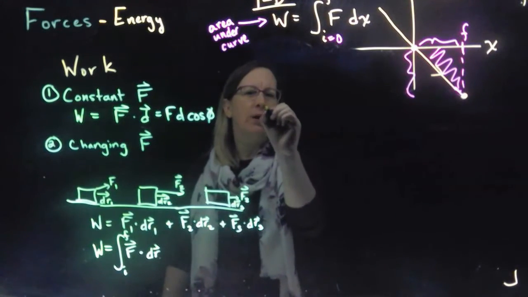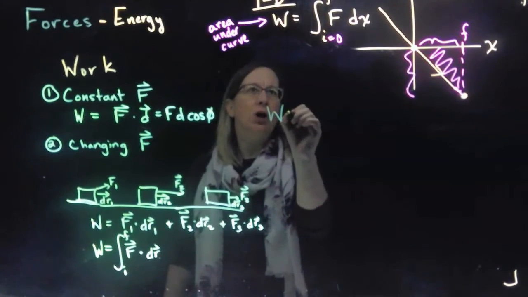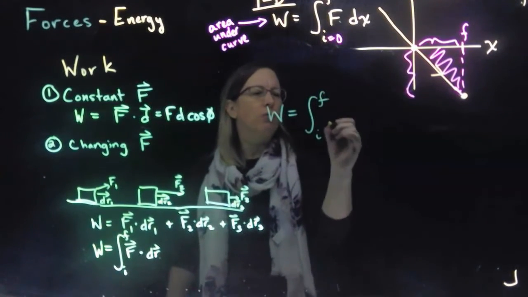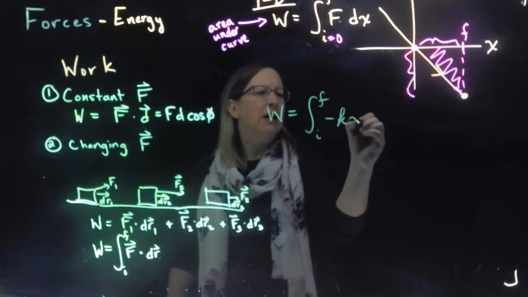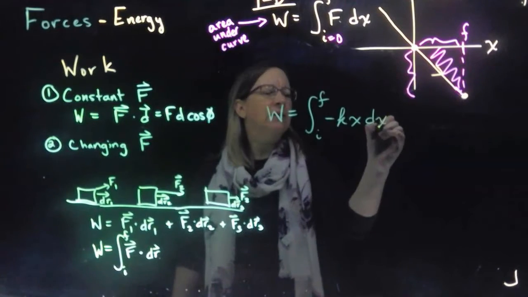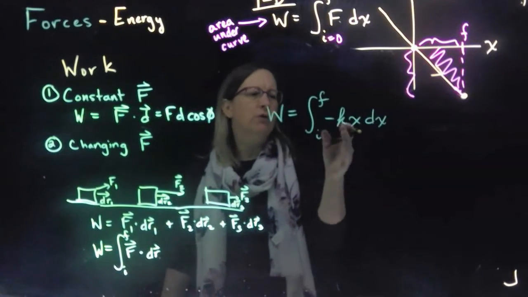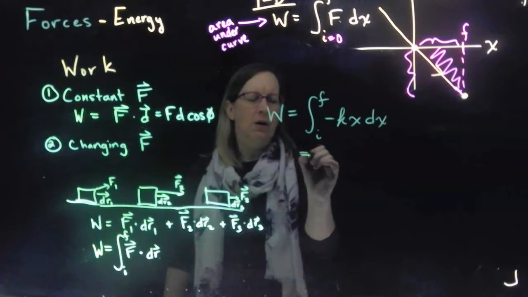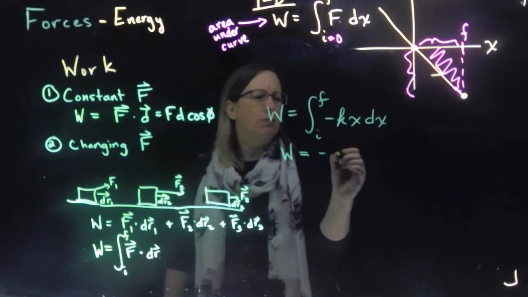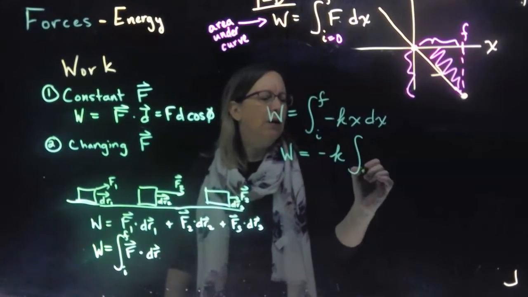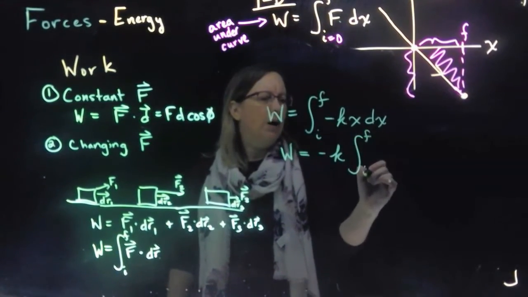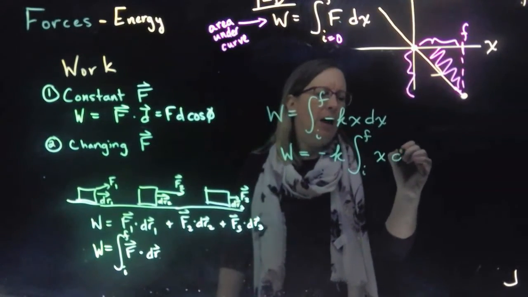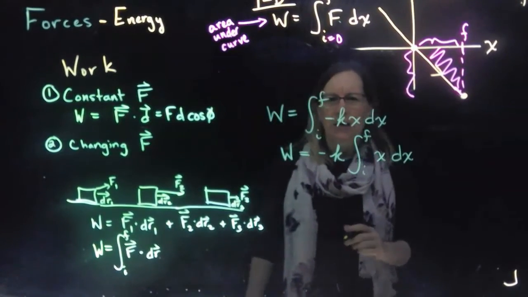Your work is equal to minus, from initial to final, putting in your force of minus kx dx. K is a constant, just like in derivatives, you can pull that constant out. I'm going to go ahead and pull this minus sign out also. Work equals minus k, the integral from initial to final, so this is a definite integral, x dx.